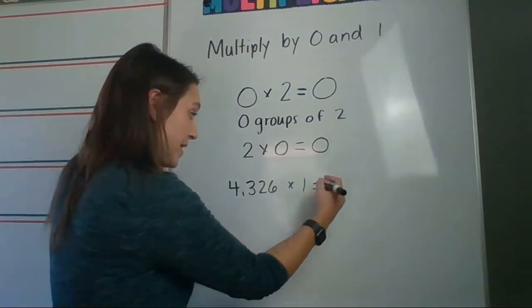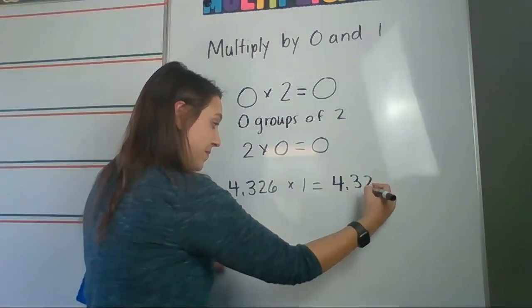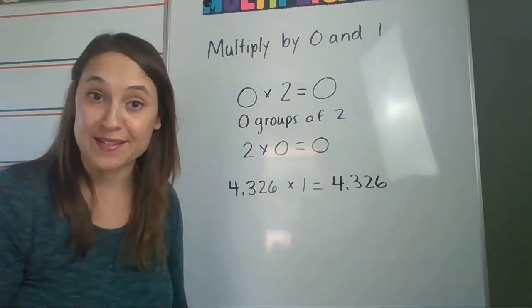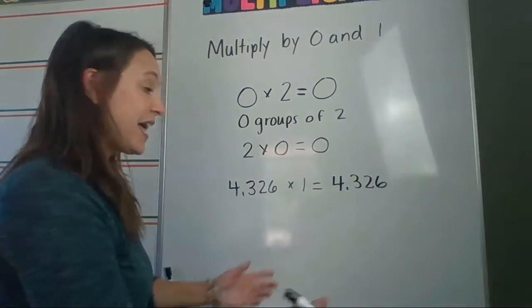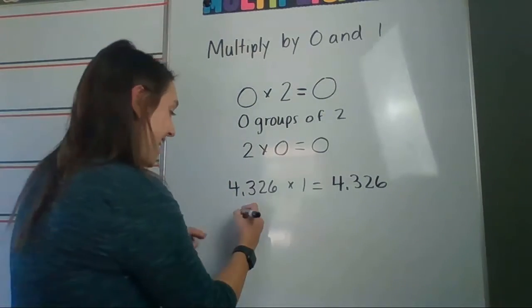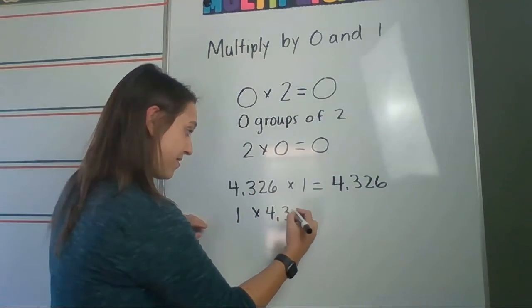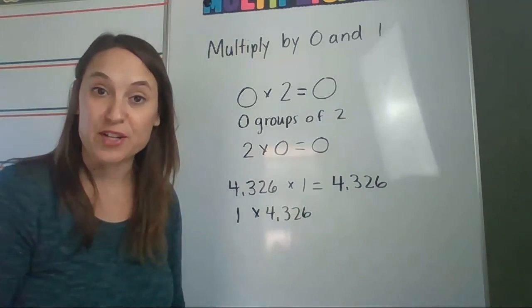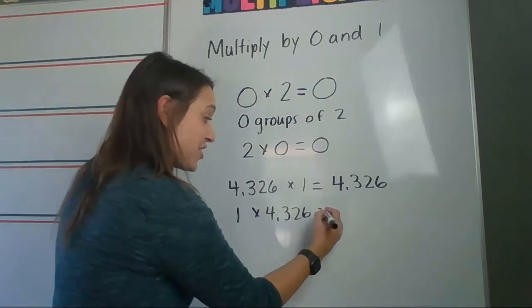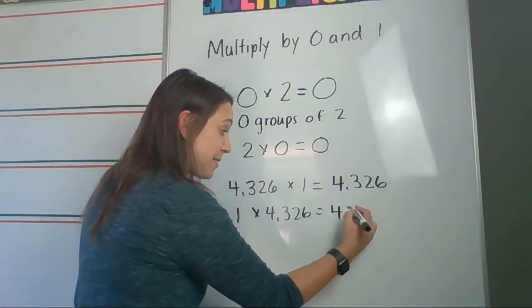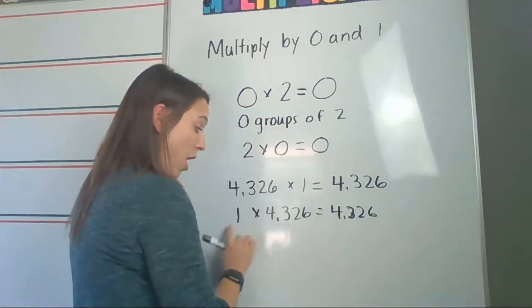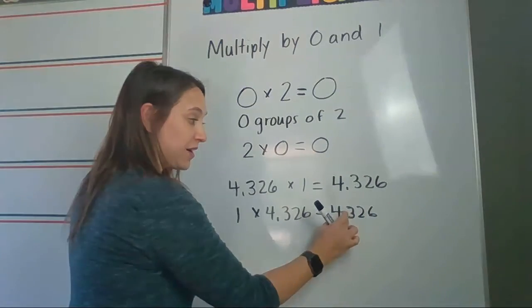So your answer is going to be 4,326. Could you imagine drawing all of those? If I change the order of those, now I have one group with 4,326 birds in it, and your answer is still going to be that same number. The opposite number of 1 is going to be your product.